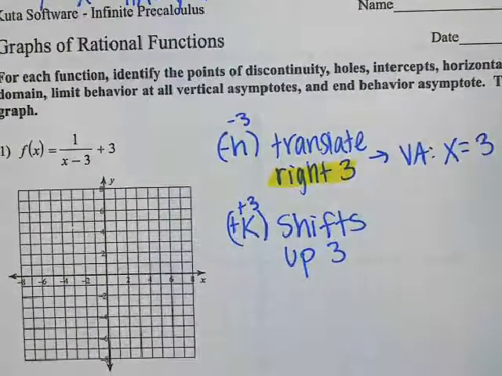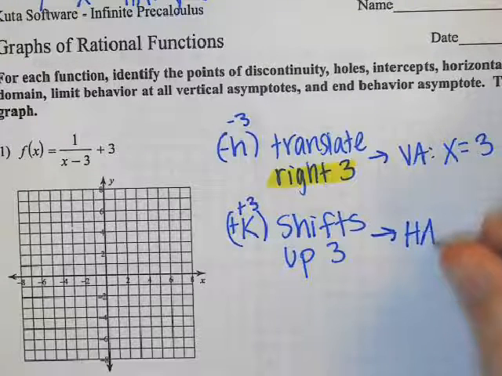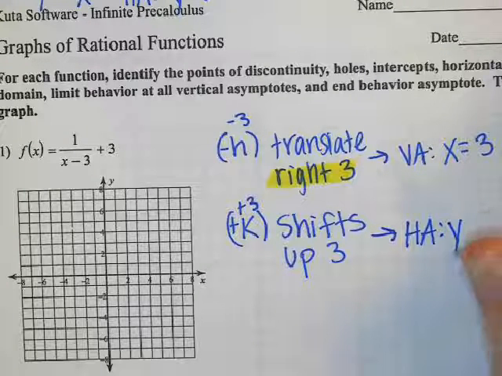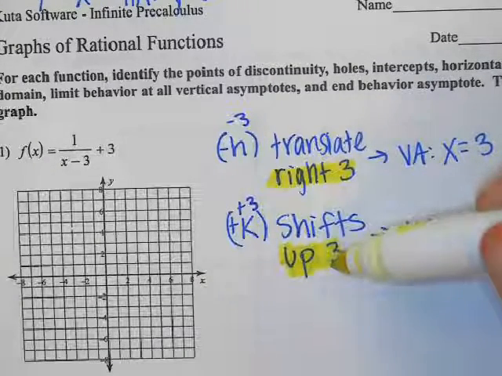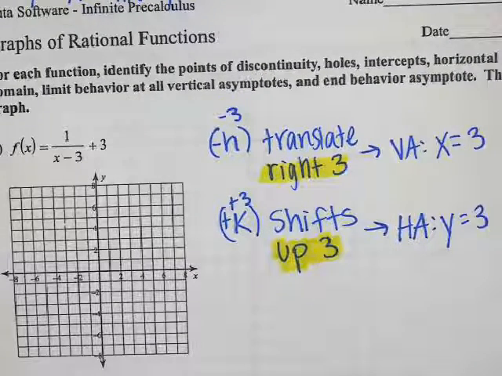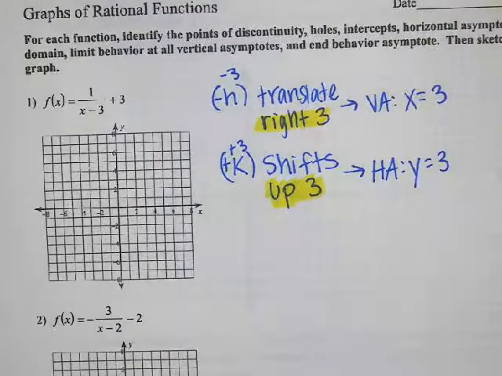Okay, what about the HA? Well, if we're going up 3, that's the Y value. So my horizontal asymptote will be at 3 as well, because going up is positive and going to the right is positive. Question on finding the asymptotes based off of transformations? Okay, then let's go ahead and graph the asymptotes, and then we'll use our calculator to fill in the table.